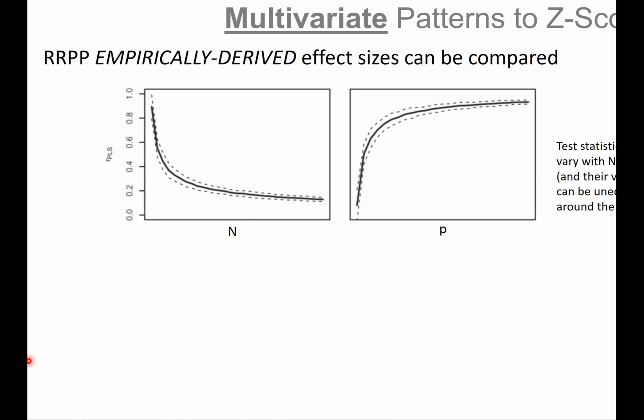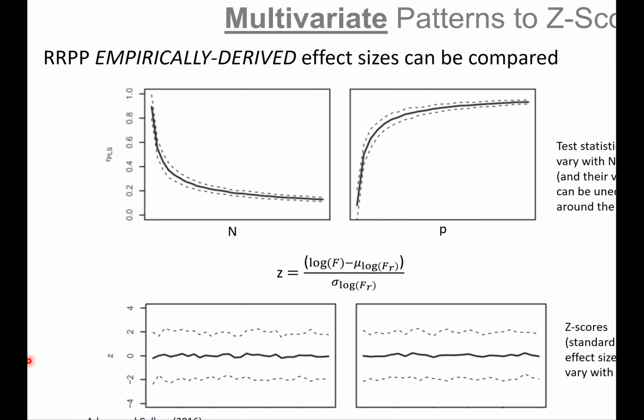And I would argue, going back to the RRPP, the permutation method, that in fact, we can do this. So here's that same set of data and that same correlation coefficient. It's a PLS, partial least squares correlation. And what I've done in the bottom panel is simply run the permutation tests and obtained the effect size, the z-scores, for each of those thousands and thousands of simulated data sets.